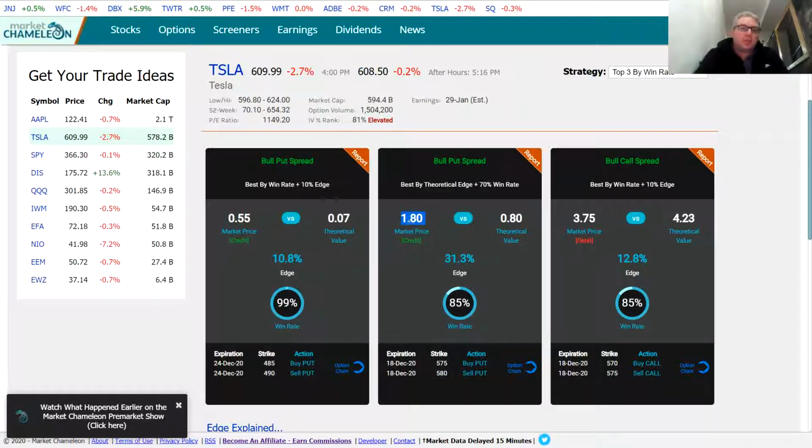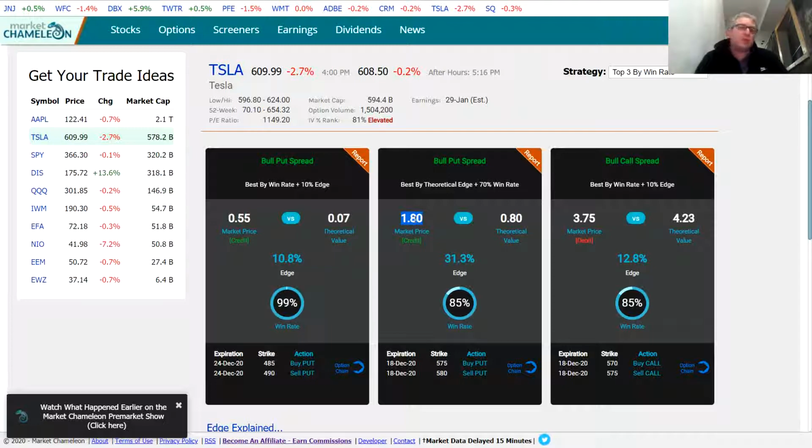What is the beauty of this? 1.8. You're making 180 bucks up front instead of 80 bucks. That's crazy. You've got an edge of 31%, 31.3. You should collect an income of $80, and instead, because Tesla is very volatile and implied volatility is high, if you're an option seller, you get to keep 180 bucks instead of 80.